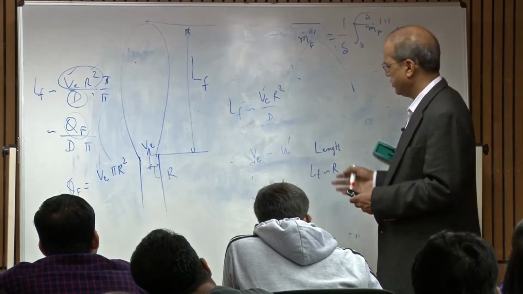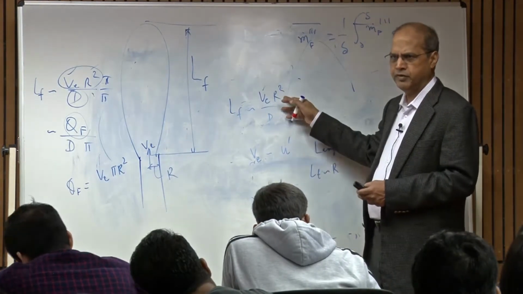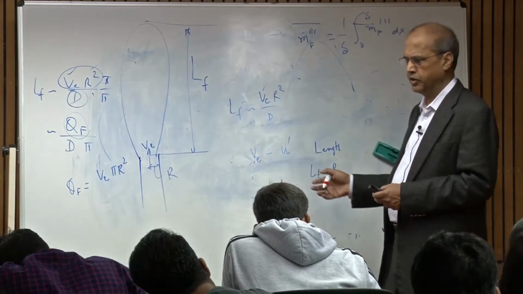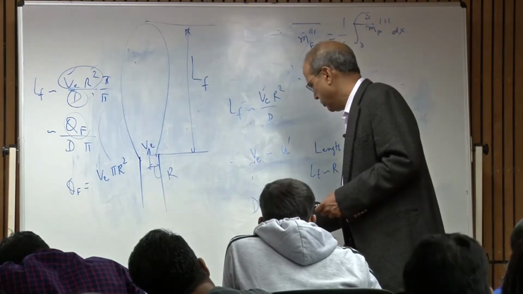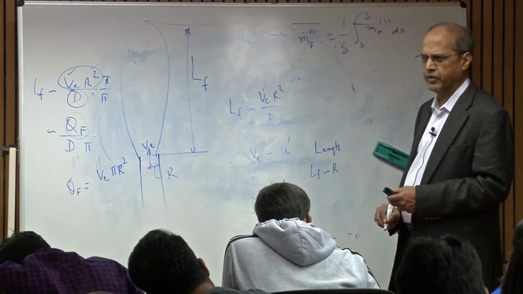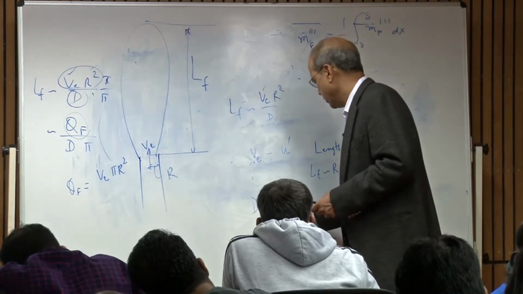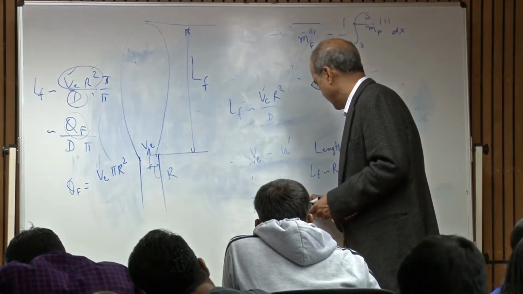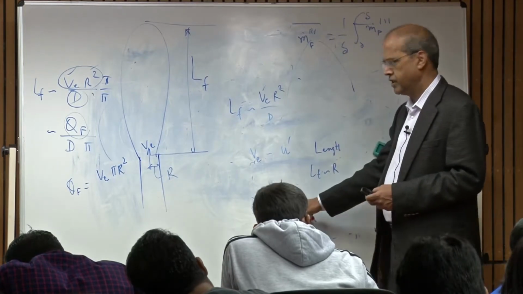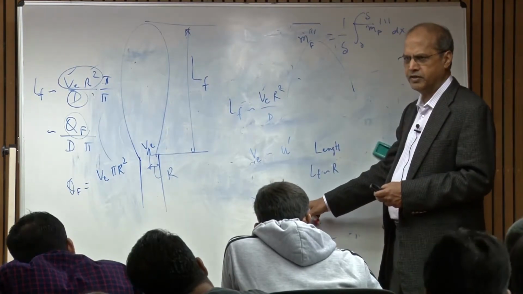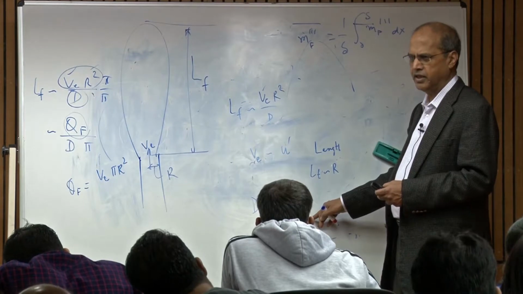For turbulent flows, this diffusivity is much smaller compared to the turbulent diffusivity. So the turbulent diffusivity is proportional to U prime times LT, the characteristic turbulent velocity scale and length scale.